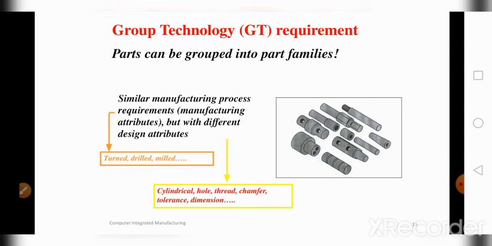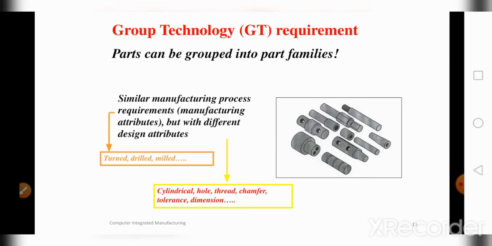Here we use the term part families. Parts can be grouped into part families with similar manufacturing process requirements, that is manufacturing attributes, but with different design attributes. Observe the words: similar, but different design attributes. For example, turned, drilled, milled operations, or cylindrical parts, holes, threads, chamfers, tolerances, dimensions.